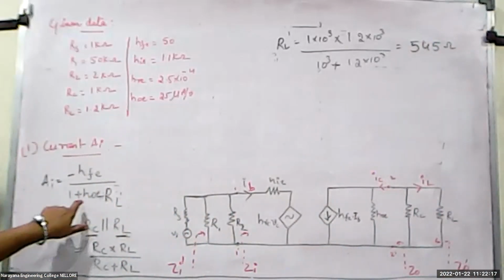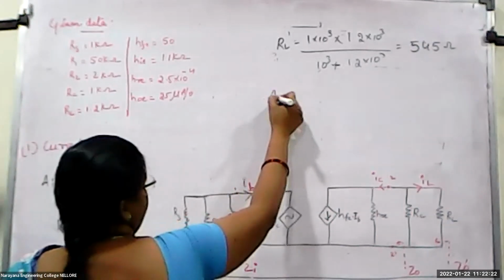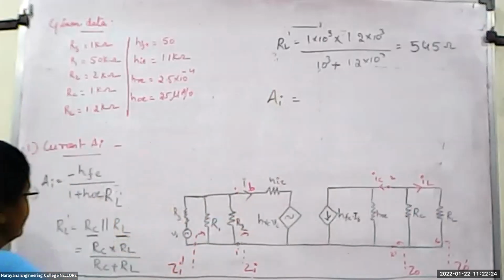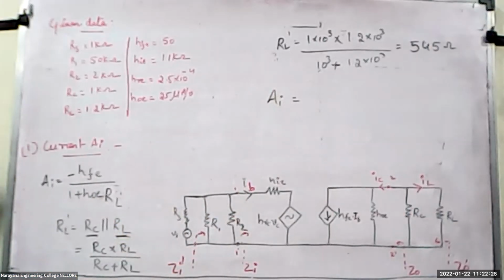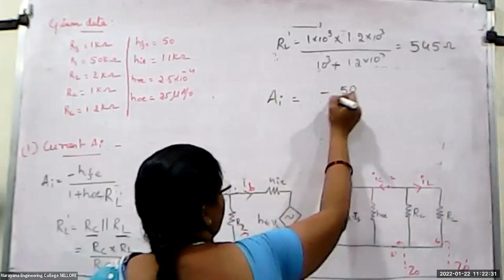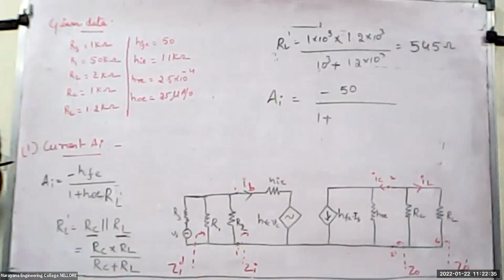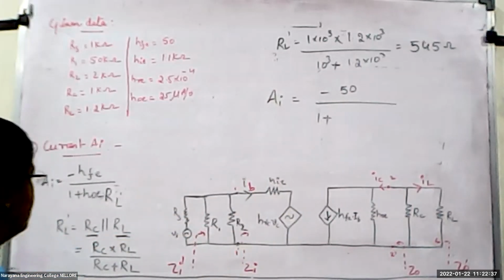Substitute this RL dash value in the above equation. From this, what is the current gain? AI is equal to minus hfe, substitute hfe value as 50, minus 50 by 1 plus hoe. What is the hoe value? 25 microsiemens.